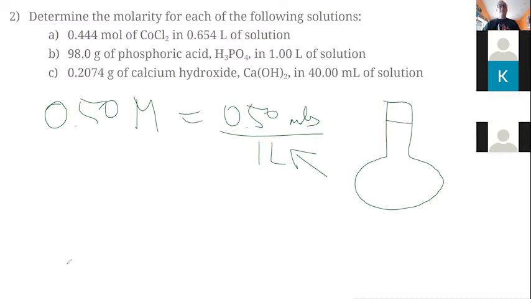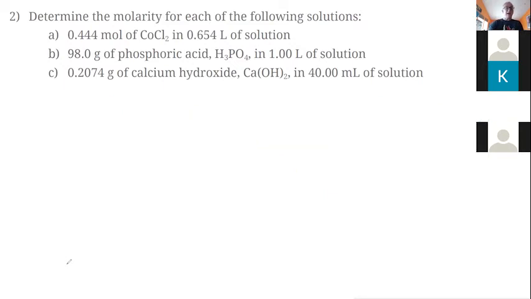We would keep adding water until the meniscus came up to a line, and that would be exactly 1.000 liters. So we would be able to give the concentration with 4 significant digits. That's how you really make a concentrated solution very accurately.